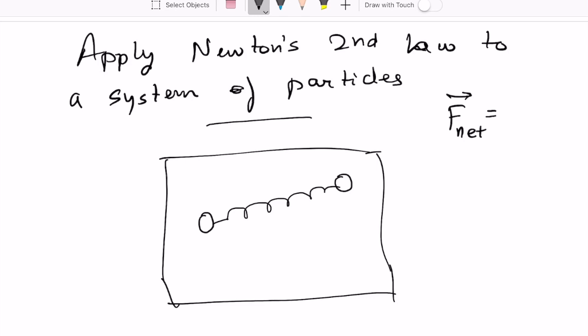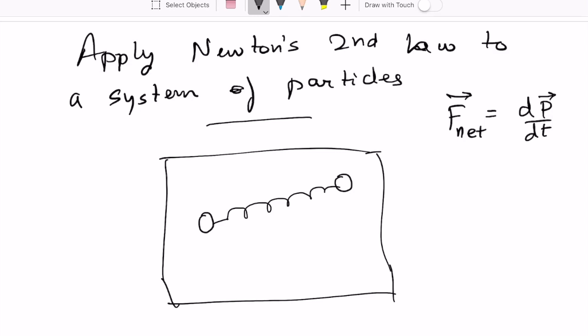Actually, we're going to do F net equals dp dt. We are going to try to apply that to the whole system. We only have experience in applying F net equals dp dt to one particular object or one system, but we are going to now try to apply it to a collection of particles. Essentially, all that we need to do is just apply F net equals dp dt to each particle, and just get a set of equations.